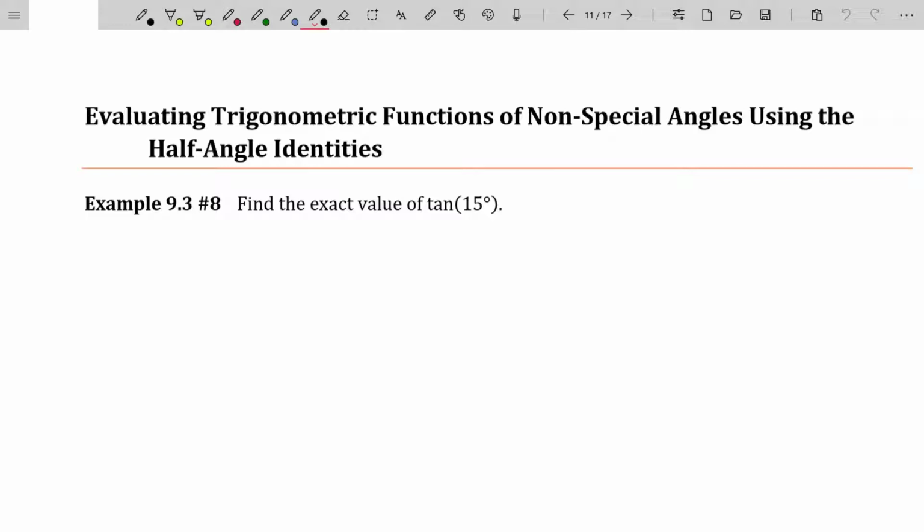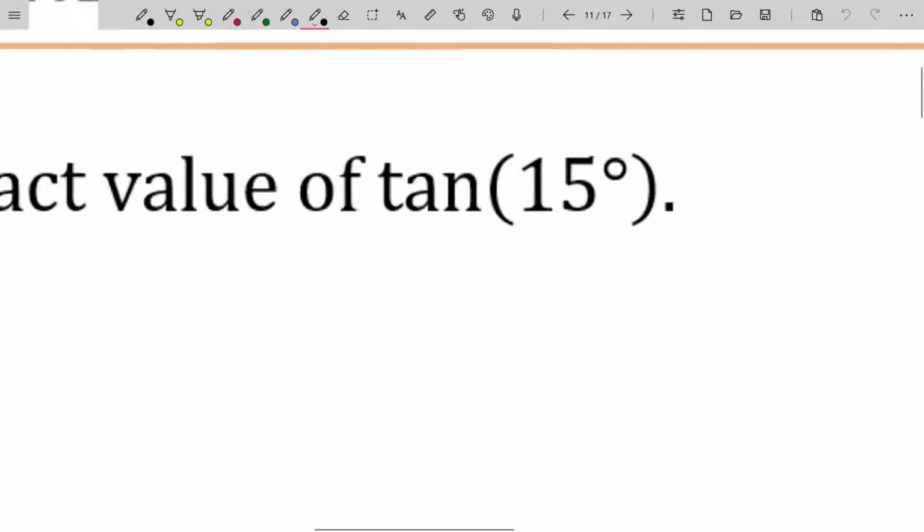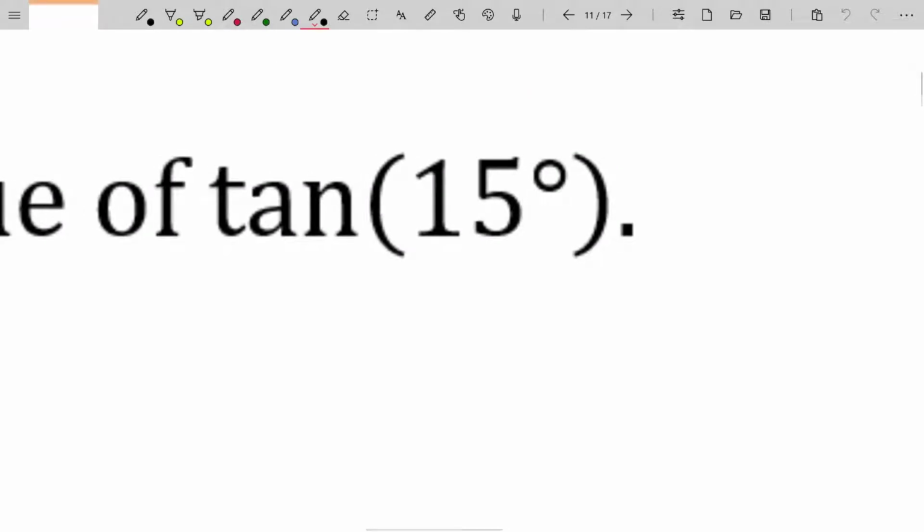So, how do you do this? Well, if somebody said I need to find the tangent of 15 degrees by hand, I would have to use either a sum or difference formula or a half-angle identity. Basically, I'm asking myself, how can I get to 15 degrees using special angles? Well, there are a couple of ways.